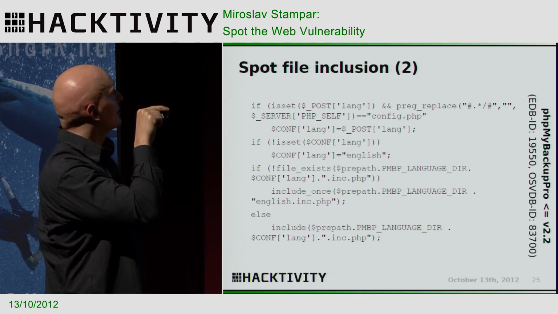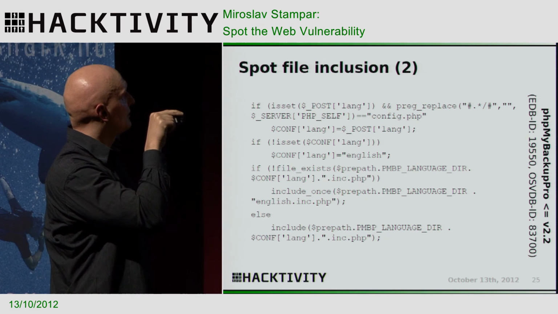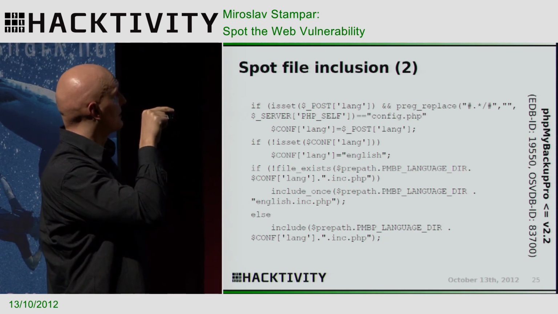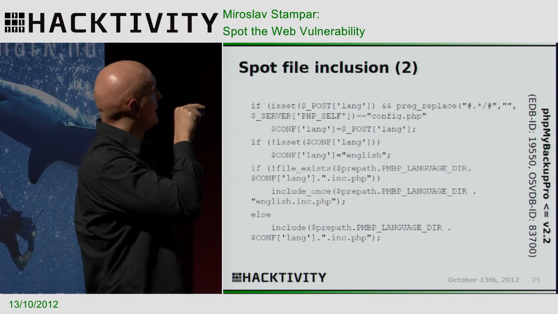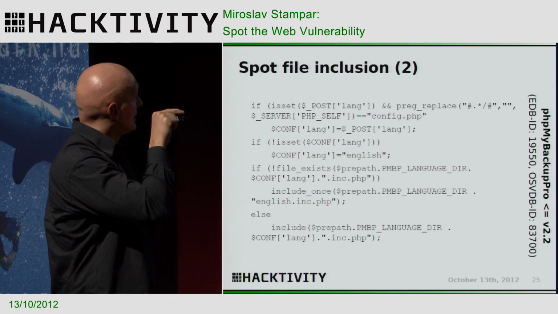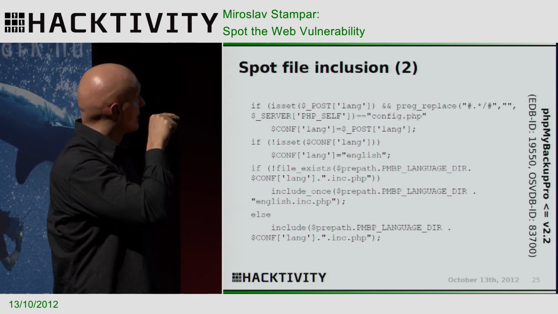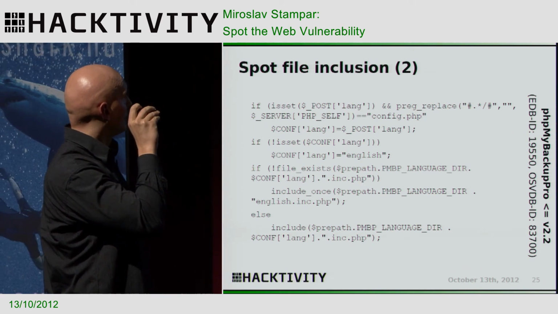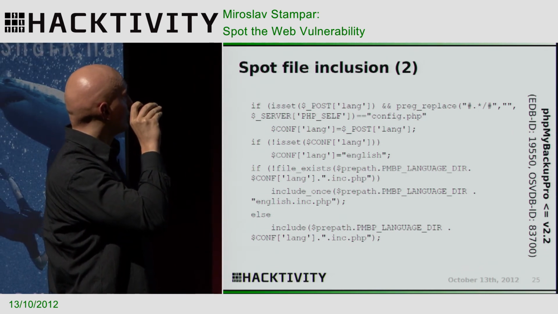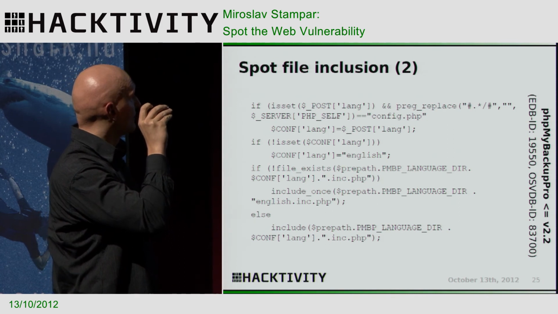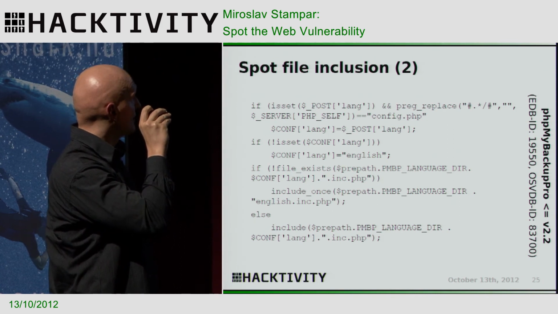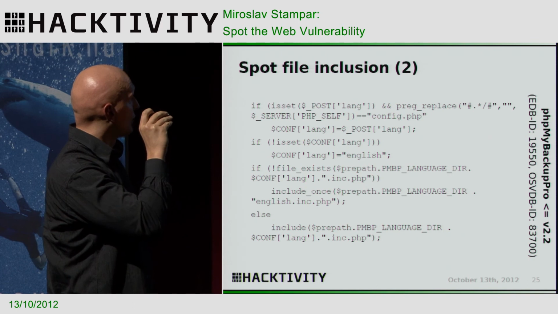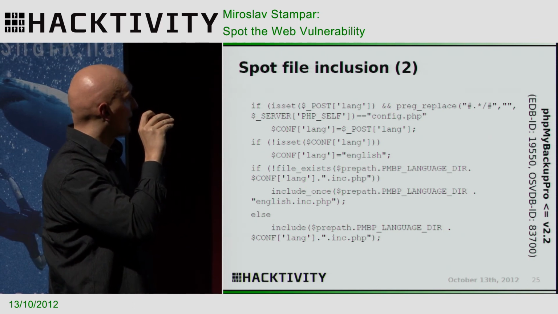It looks complex, but it just checks if the name of this same script is config.php. Afterwards, that same conf lang is used here. So if the file does not exist, it will include some default value, but if the file exists, it will include it. Also, this is an example of local file inclusion.